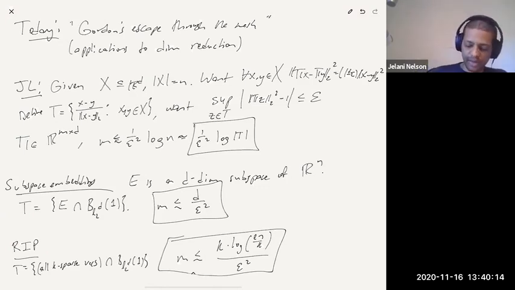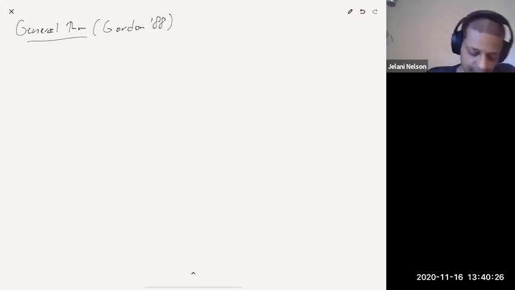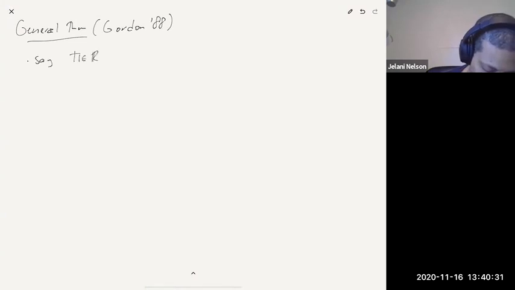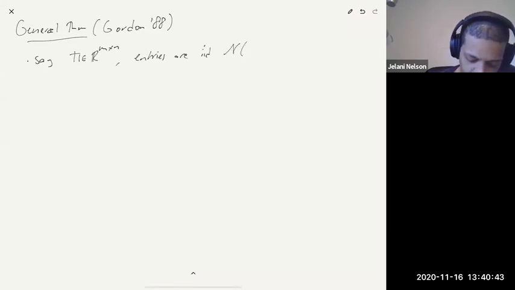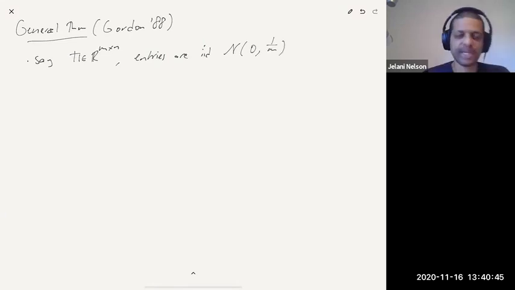Okay. So the general theorem is due to Gordon in 1988. Say that pi is an m by n matrix, and the entries are IID normal, mean 0, variance 1 over m. So basically just take standard Gaussians and divide the matrix by root m.